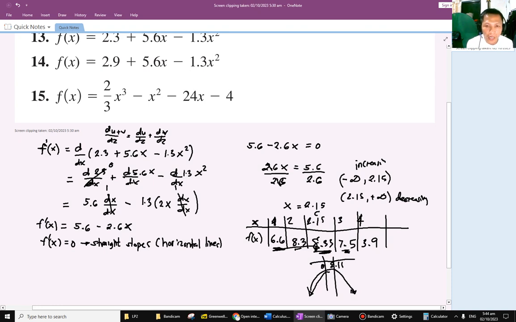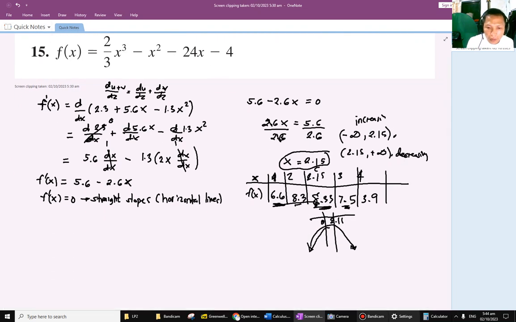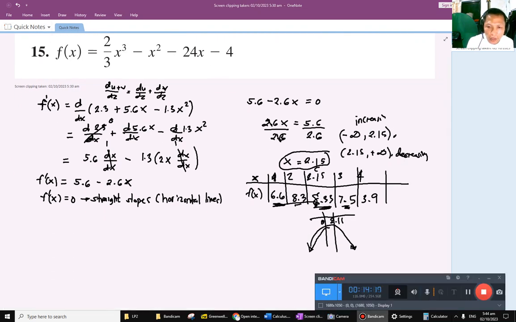You identify the open intervals, and you identify the critical number, which is 2.15. So that is 14. Number 12. So that is 14 minutes, so I'll cut this and continue in the next videos.